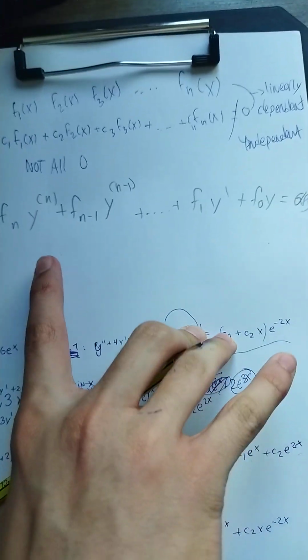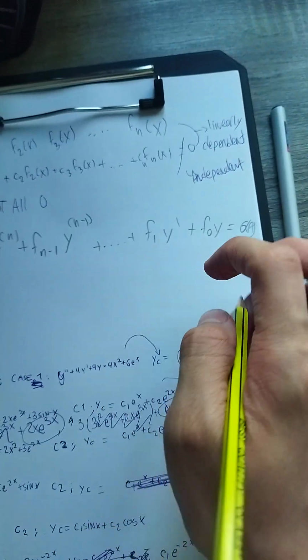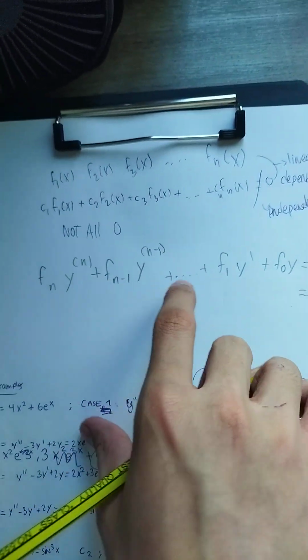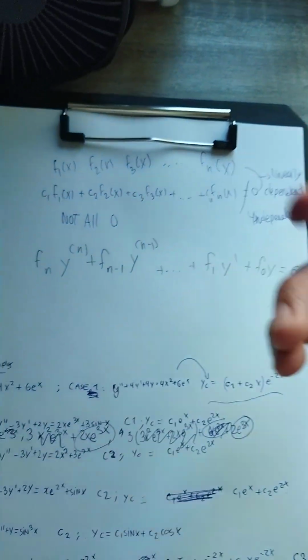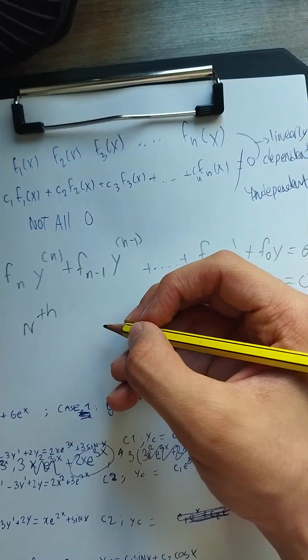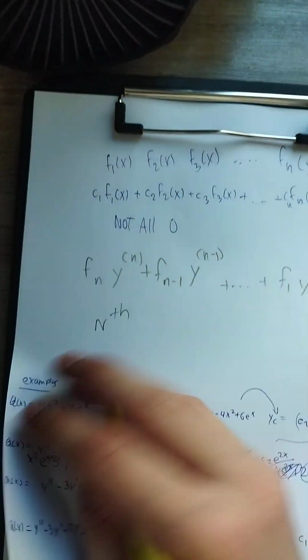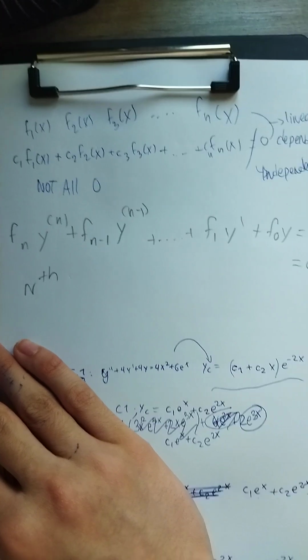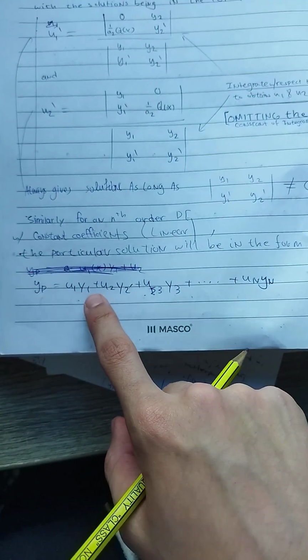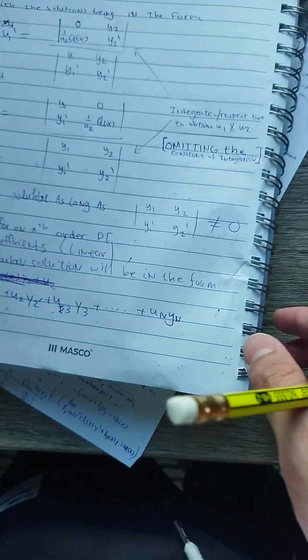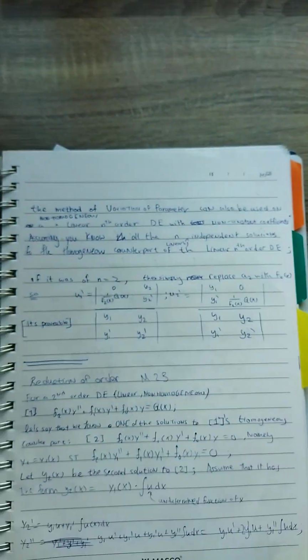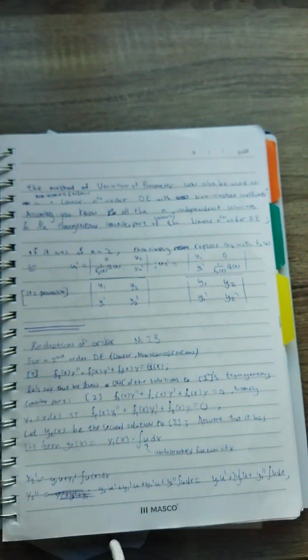You might have this equation over here, and you can set it equal to 0. Basically, it's non-homogeneous, or its homogeneous counterpart, and if you know all of the n linearly independent solutions to that homogeneous counterpart, then you can use the substitution, or we can use the equation stated over here, u1 y1 plus u2 y2 plus yada yada yada, and you can substitute it in, and you can obtain a set of n equations with n unknowns, right?